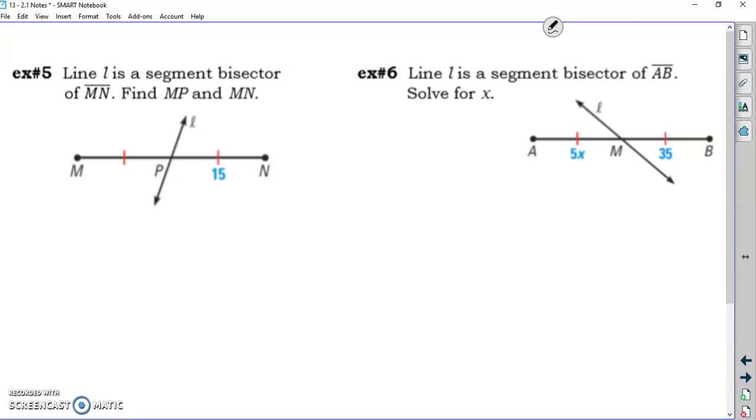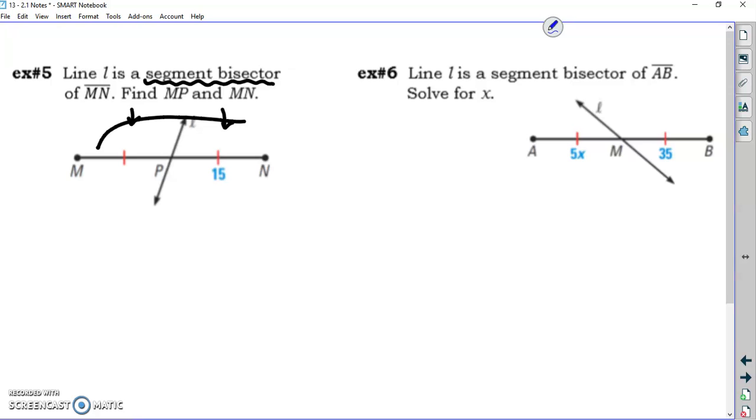So here we have line L is a segment bisector. You never want to assume based on looks. You always want to either be told that it's a segment bisector, or these tick marks will show you that the two halves are congruent. But if it just looks like it and nothing is marked, or they didn't tell you it's a segment bisector, then we can't assume that. And that goes for anything in geometry.